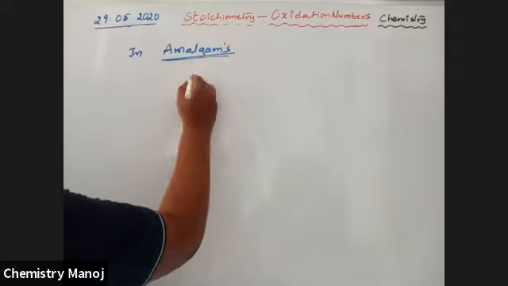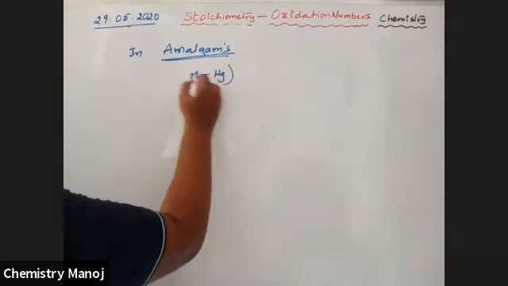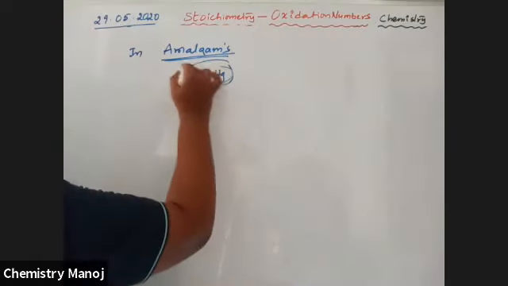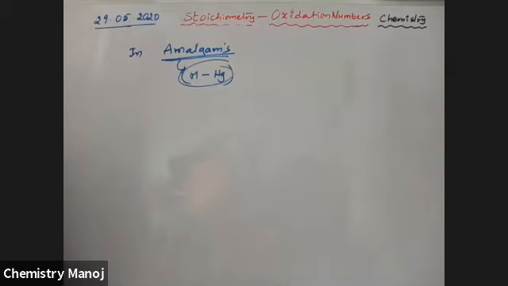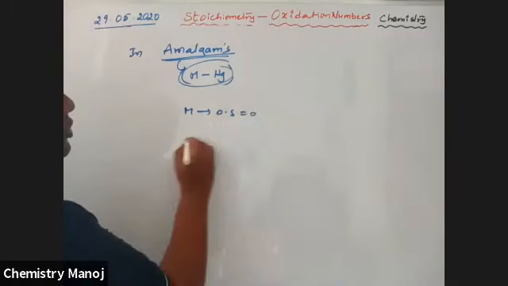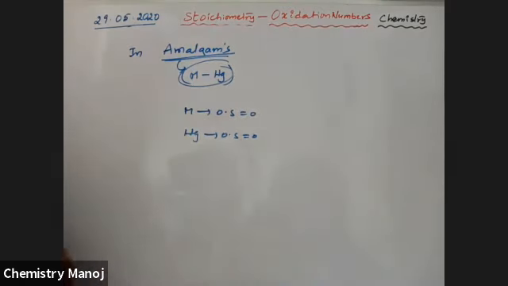Amalgams means any metal combined with mercury. Metal with mercury, the combination is called as amalgam. In amalgams, metal oxidation state is equal to 0. Mercury oxidation state also equal to 0.